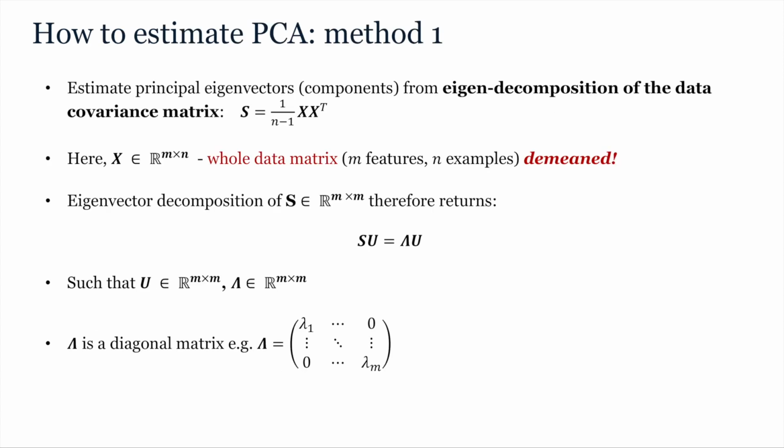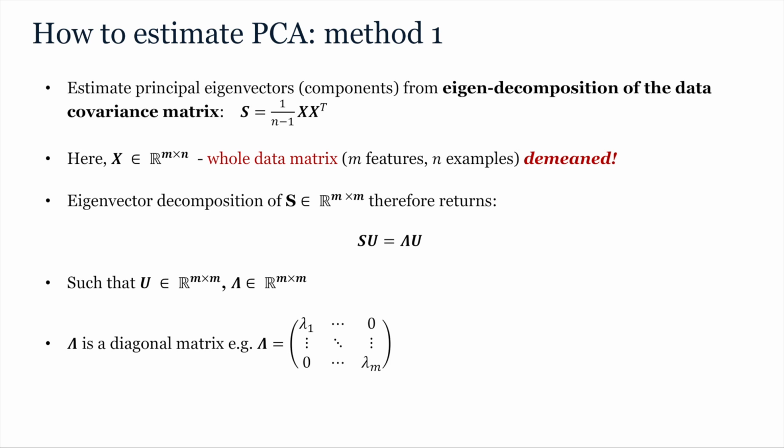Accordingly, this derivation leads us to our first method for estimating our PCA eigenvectors through eigendecomposition of the data covariance matrix, where here we're writing our expression for the covariance matrix more compactly by assuming that our data matrix has been demeaned. Please remember that this will involve subtraction of the mean vector length m, summarising mean values for each feature from our data matrix X. We can then perform standard eigenvector decomposition.